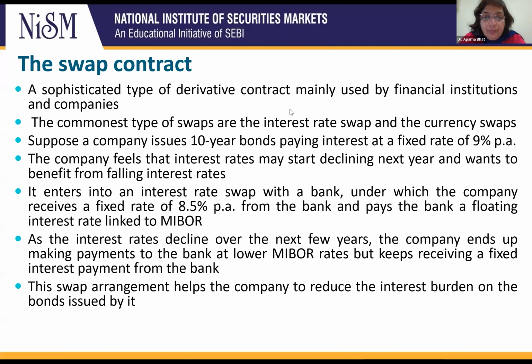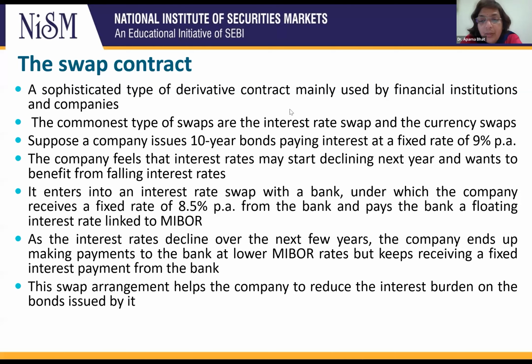So what it can do is enter into an interest rate swap with a bank. And what is a swap? The meaning of the word swap is an exchange. So an interest rate swap is simply an exchange of interest rates. The company enters into an interest rate swap with a bank, under which the company receives a fixed rate of 8.5% per annum from the bank and pays the bank a floating interest rate linked to MIBOR.